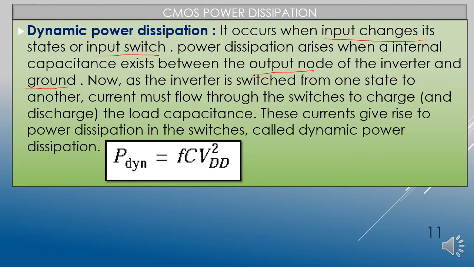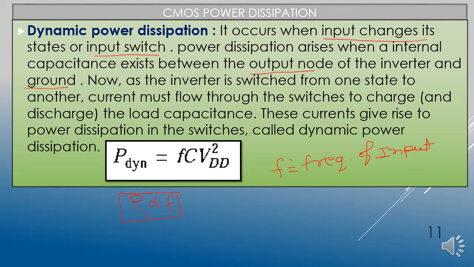Dynamic power is equal to F C VDD square, where F is the frequency of input. So this is a very important question for written examination and interview.